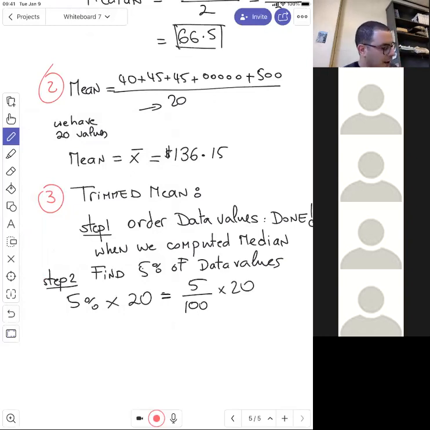And as I said, the 20 is on the top, so this is 5 times 20 over 100. That's 100 over 100, of course. A non-zero number divided by itself is always 1.